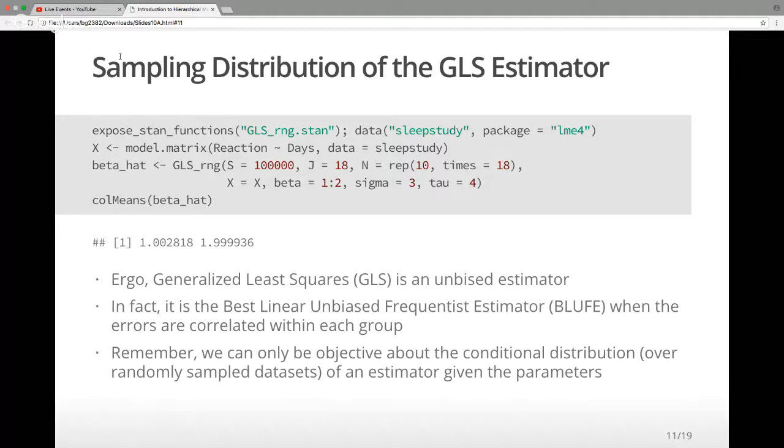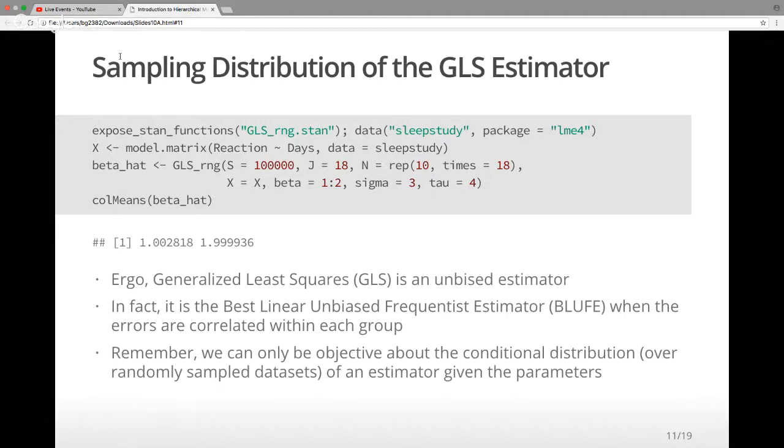It means the smallest variance among estimators that are both linear and unbiased, and that smallest variance refers to the sampling distribution. The one thing that we can be objective about, that being the conditional distribution over data sets that have been randomly sampled from the same population of an estimator given the parameters.